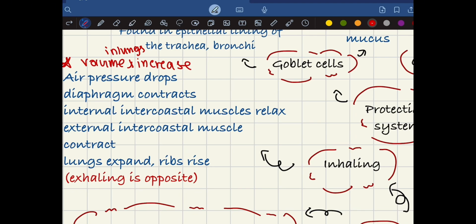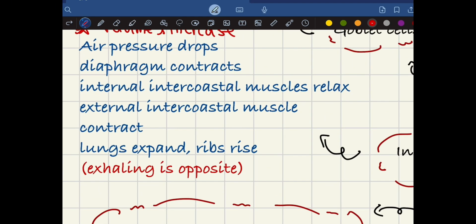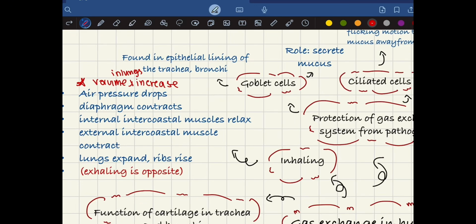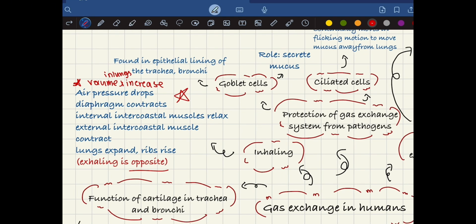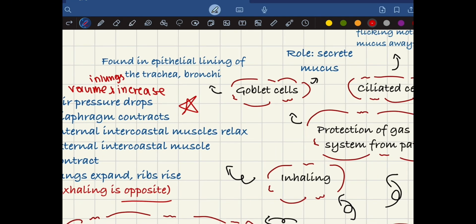Now, exhaling is the exact opposite. So if you memorize this part, just remember that exhaling is opposite. Whatever this is, it's going to be the opposite of that. This part I would just recommend that you purely memorize.